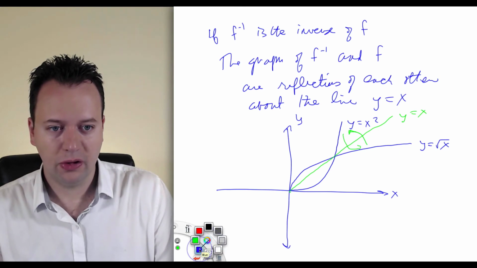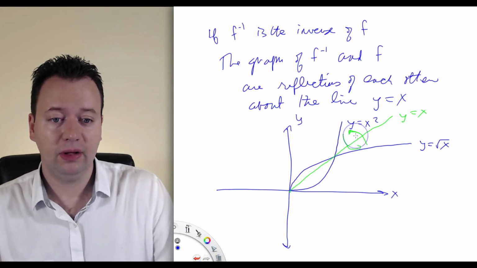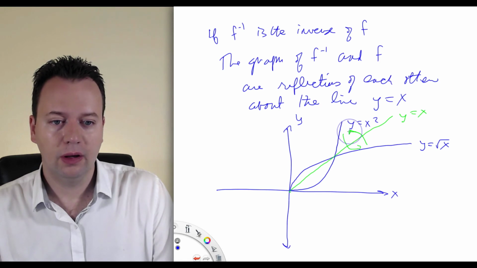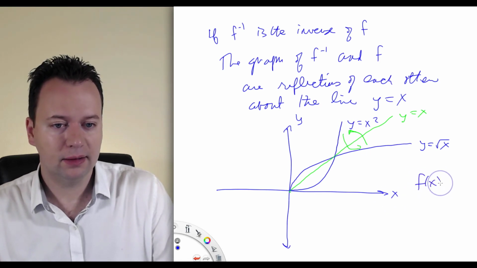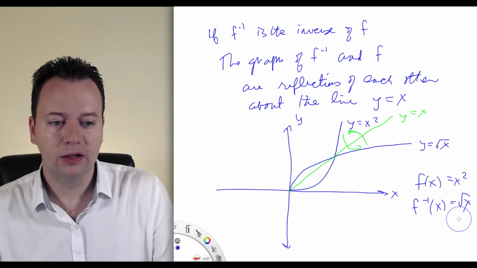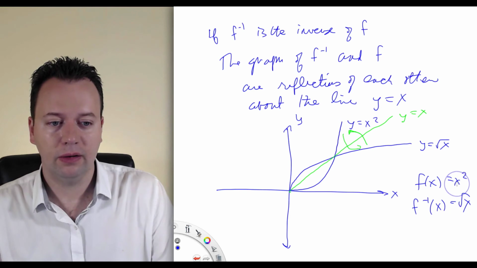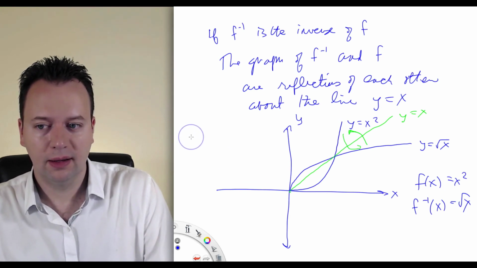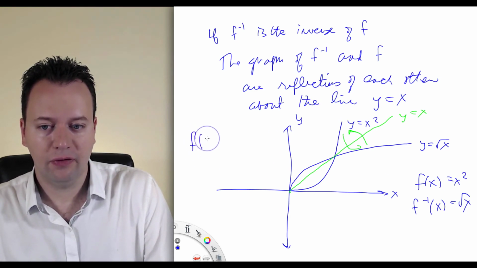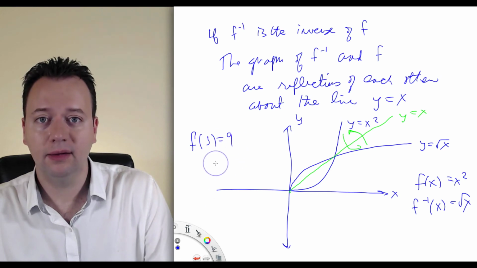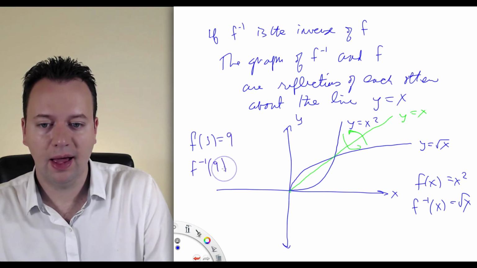Another thing to note about inverse functions is that they literally undo each other. So if f of x is equal to x squared, then f inverse of x is the square root of x. So, for example, f of 3 is equal to 9, so f inverse of 9 would equal 3.